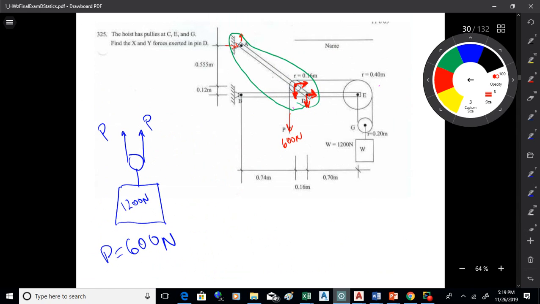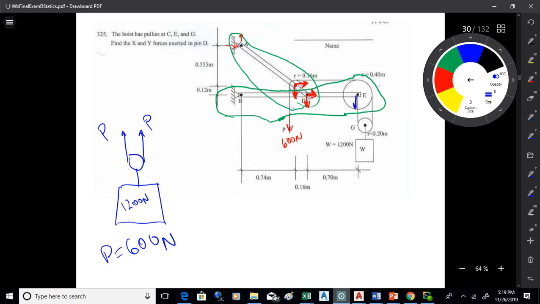All right, now the horizontal piece, we're going to have to pay a little bit of attention to this one. We're going to want to draw a free body diagram. I would probably go with something like that. Now, if we look at point E, what we've got there is the downward load caused by this first cable.